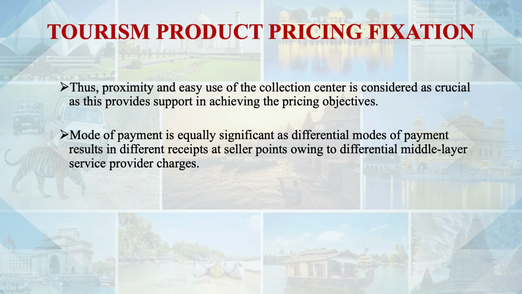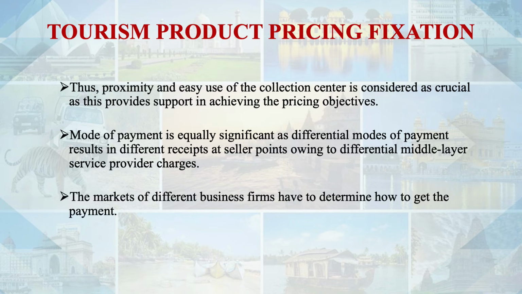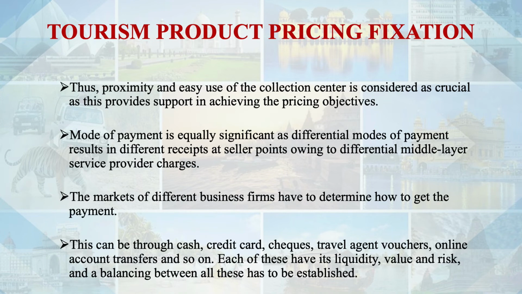Mode of payment is equally significant, as different modes of payment result in different receipts at seller points, owing to differential middle layer service provider charges. Students, the marketers of different business firms have to determine how to get the payments. And this can be done either through cash, credit cards, debit cards, checks, travel agent vouchers, online accounts, payment gateways, payment wallets, transfers, and so on.